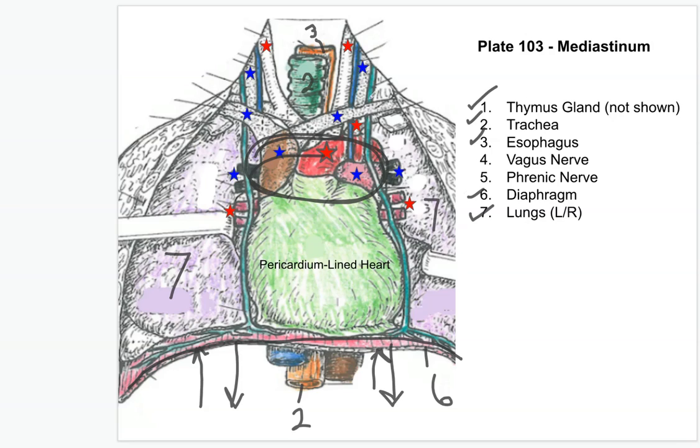Now we've got a couple of nerves. We've got a nerve in the aqua color here, and then we have a nerve up here. The aqua colored nerves run all the way down to your diaphragm. These are called the phrenic nerves. If you've ever had the hiccups, what happens with hiccups is actually a spastic phrenic nerve.